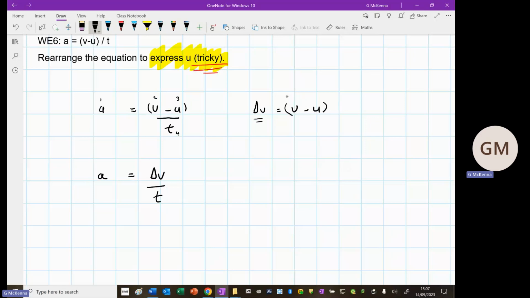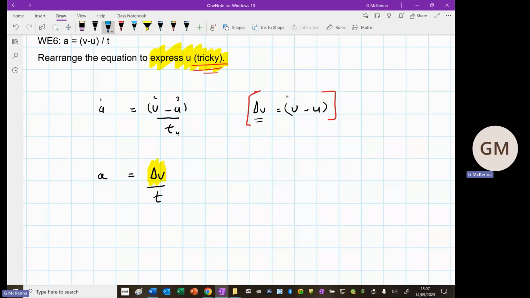Now look, we are looking for a value of u. We can see on the right hand side that u is related to this change in velocity. So I want to rearrange this more simplistic equation to start off with, leaving delta v in it, and then at the end that'll make life a lot easier.